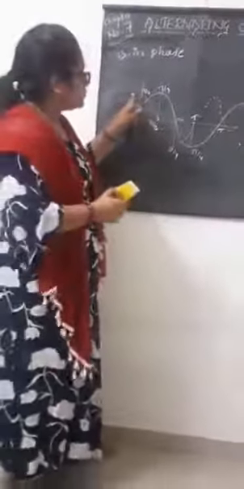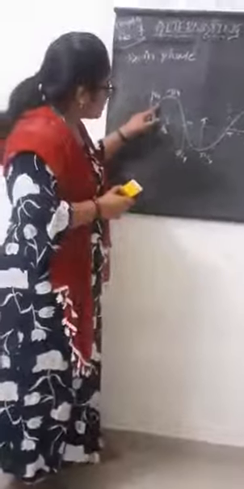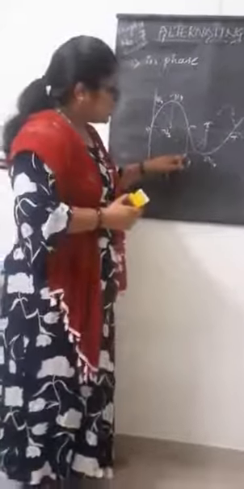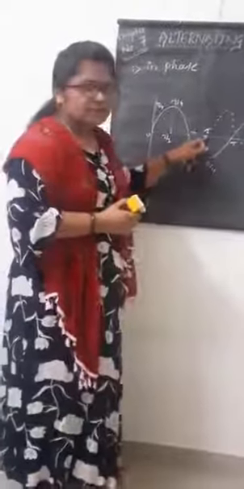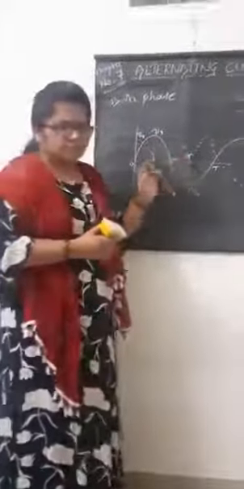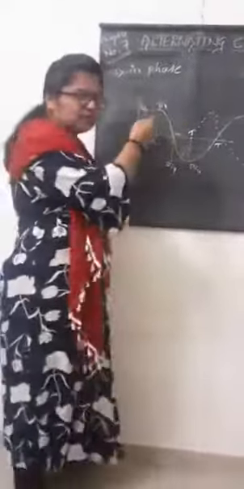The wave B started its propagation from T by 4 itself. So when it is at T by 4, it comes like this at T by 2. It comes to the reverse peak at 3T by 4 and it reaches the equilibrium at T. So you know the propagation of wave A and the propagation of wave B. Now think of comparing both of them. Compare wave A with wave B.